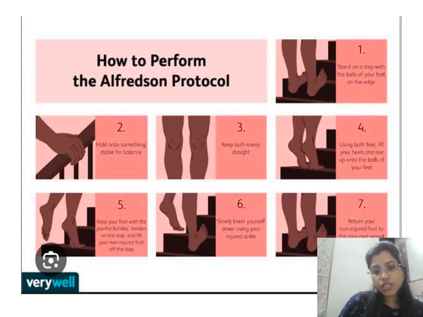Then ask the patient to stand only on the affected limb with the ball of the foot. Next, slowly ask them to lower the foot by themselves using only the injured ankle. Then place the opposite leg in the same place and repeat the exercise. This exercise can be done with the knees straight as well as with the knees flexed.